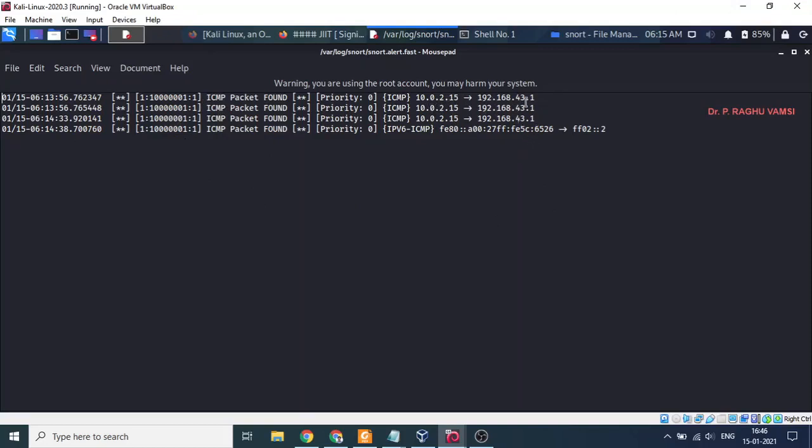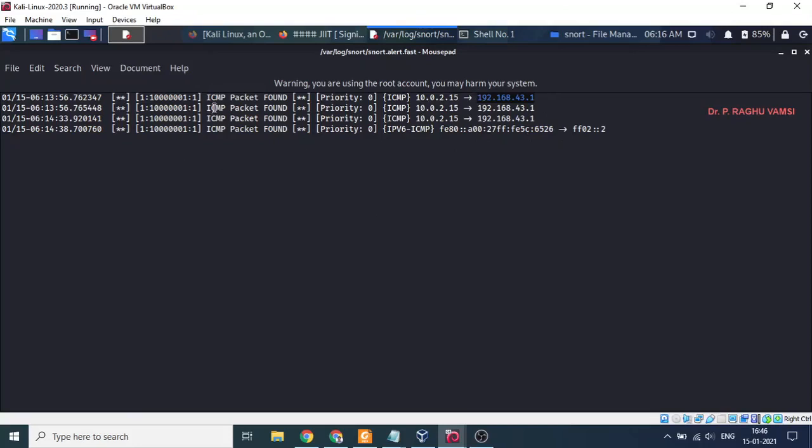What is this 192.168.43.1? That means this is the IP address of the host operating system. Since I have connected my host operating system, that is Windows XP, to the mobile hotspot, this address was allotted.